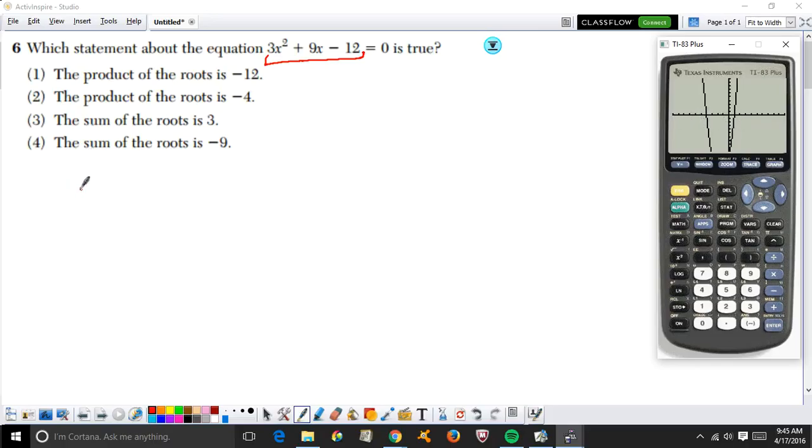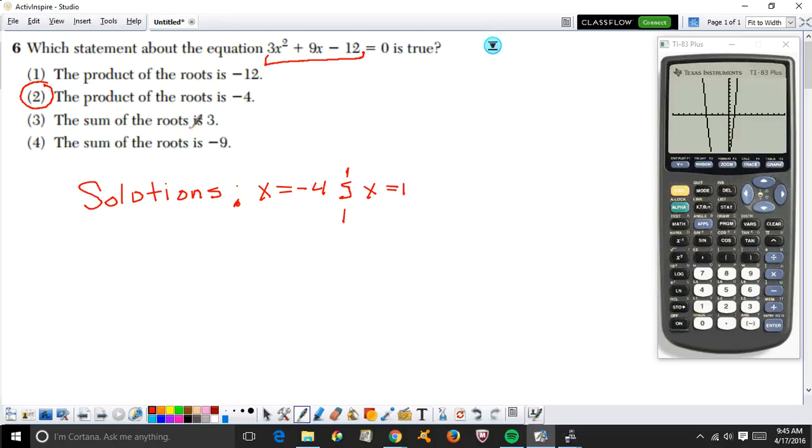So we have two solutions: one when x equals -4, and also when x is equal to +1. The only option that makes sense is number 2, since if you multiply them, or find the product, you will get -4.